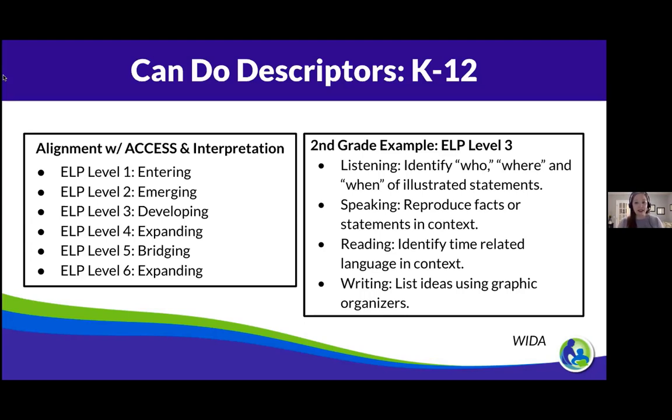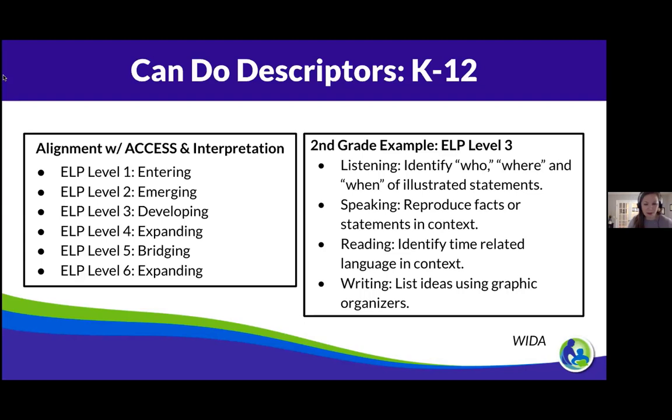In speaking, he can reproduce facts or statements in context. In reading, he should identify time-related language in context. And in writing, he should list ideas using graphic organizers. So this means that based on Joey's ACCESS scores, these are classroom skills that we would expect him to be able to do.